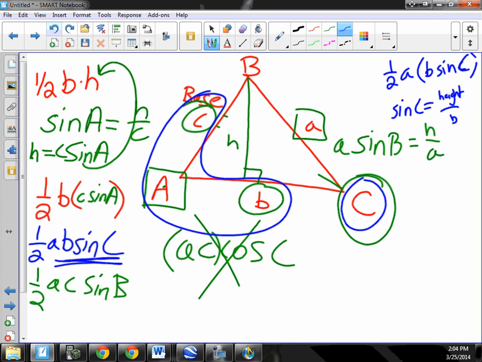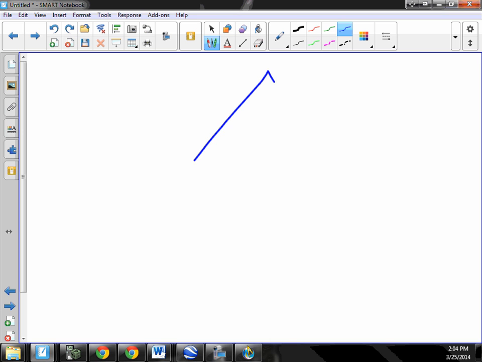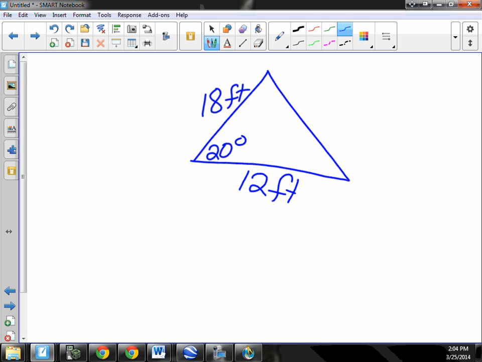Yes. Okay. So, I gave you a triangle, said this is 20 degrees, this is 18 feet, and this is, I don't know, 12 feet. How would I calculate the area?